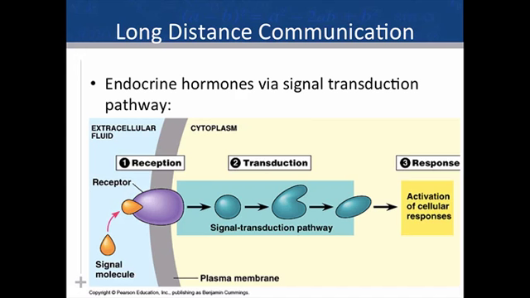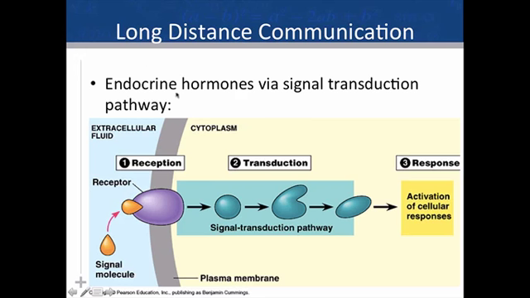We're going to see long distance communication occurring typically by endocrine hormones. And these hormones usually travel and follow a signal transduction pathway. Now, the endocrine hormones are typically produced by a gland.